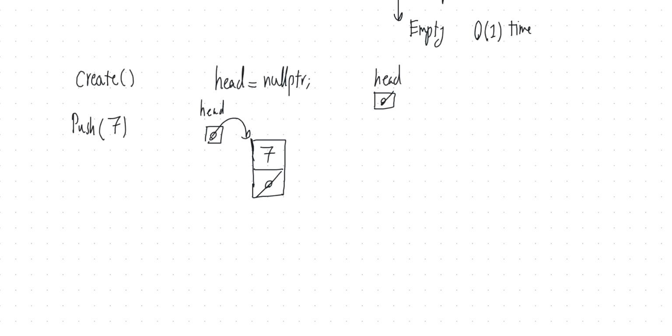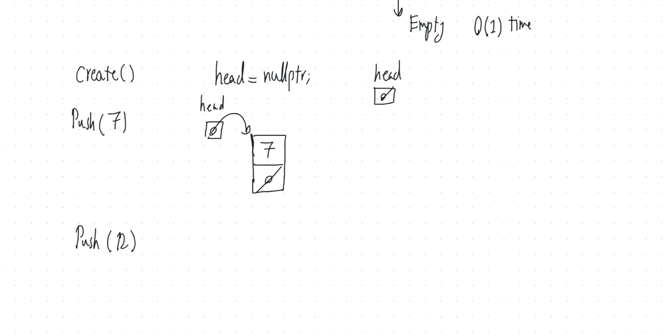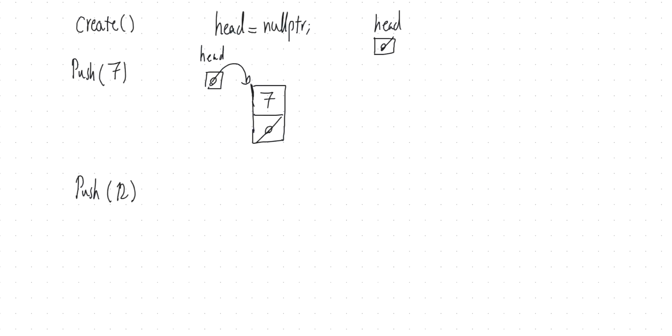So that's what happens to your linked list after pushing 7, for example, right? Now, if I push again, say 12, I push that to the front of the linked list that I already have. So I have head here. I'm going to repeat the picture and then change it accordingly. Okay, so this is how the linked list looks before the push. Now I push 12.